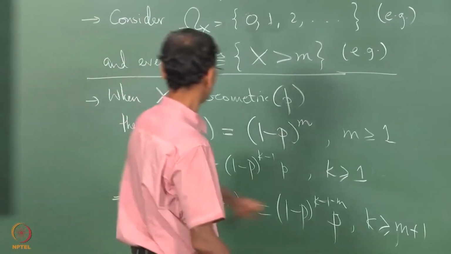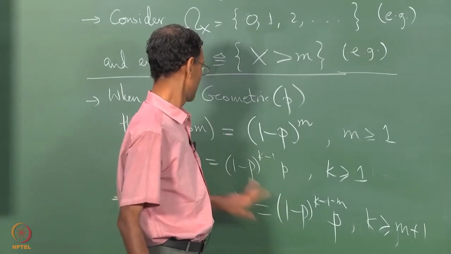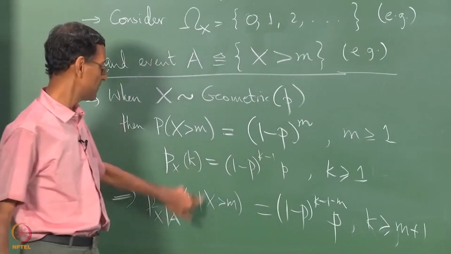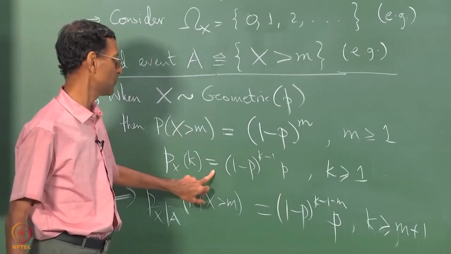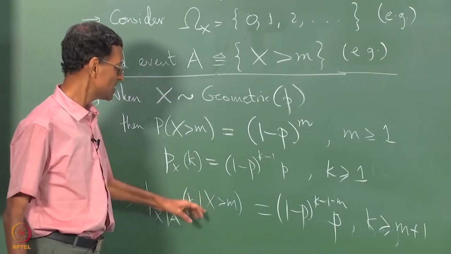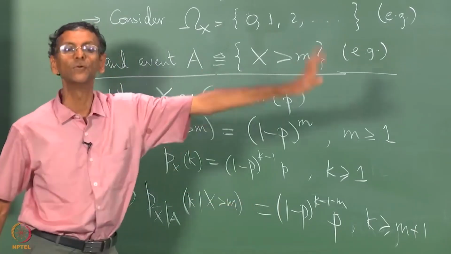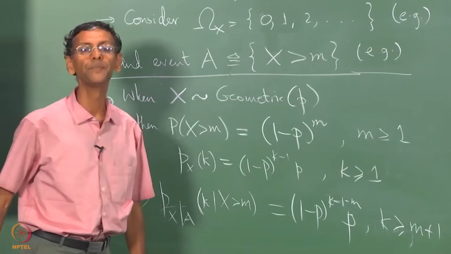How do you compare this and this? This is the unconditional PMF, this is the conditional PMF for this particular event. What can you say about these two? This is just a shifted version of this. This sequence is a shifted version of this sequence. You are just moving it to the right by m samples.